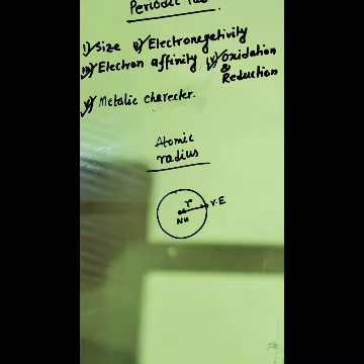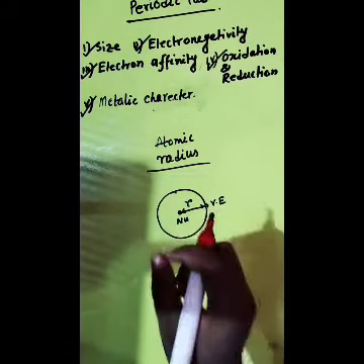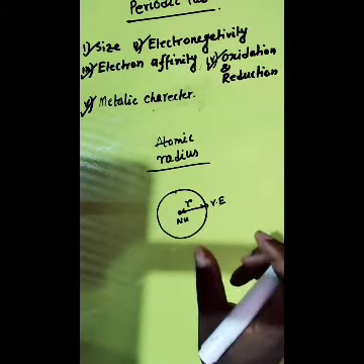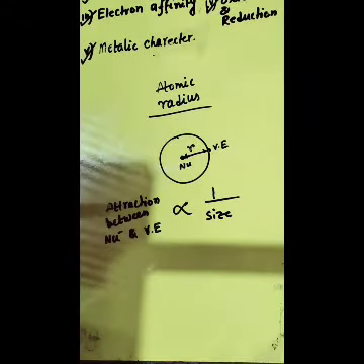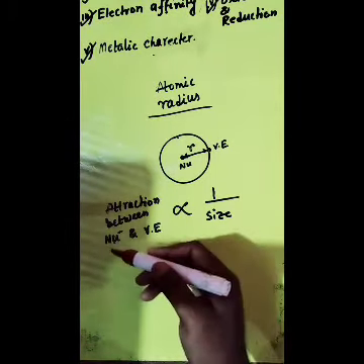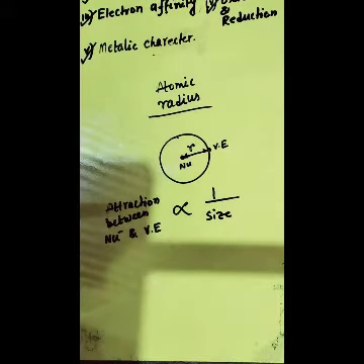If the attraction between valence electron and nucleus increases, then the radius of the atom decreases, and if the attraction decreases, then the atomic radius increases. So we can say the attraction between nucleus and valence electron is inversely proportional to the size. If attraction increases, then size decreases, and if attraction decreases, then size increases.